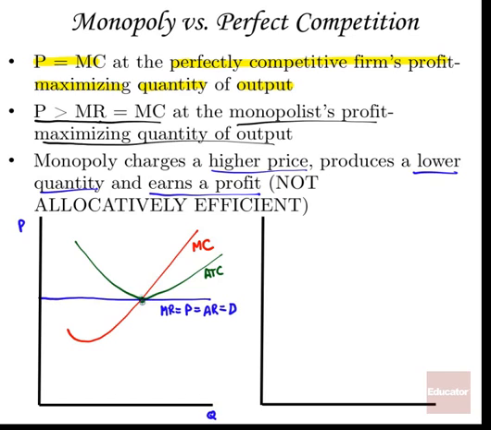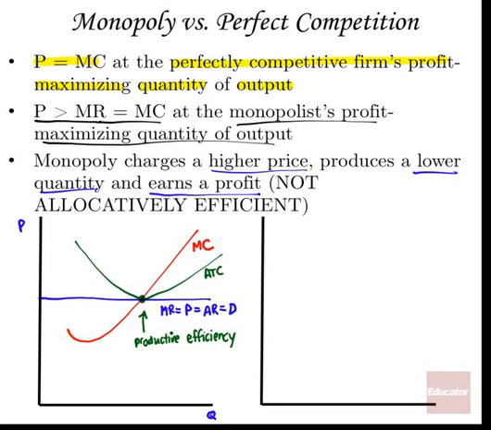Well, guess what? This point actually serves as two points here. This is a point of productive efficiency. Why is it productive efficiency? The price equals where the minimum of the ATC is also produced. So it's productively efficient.